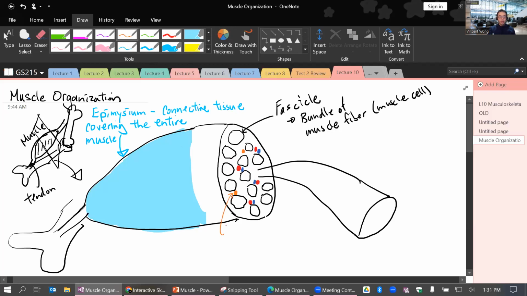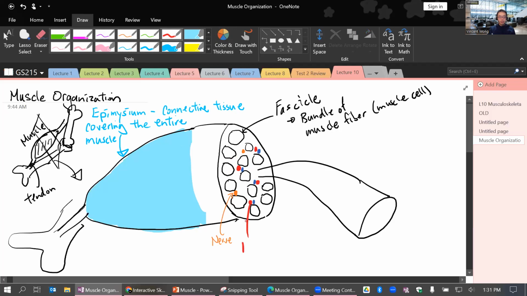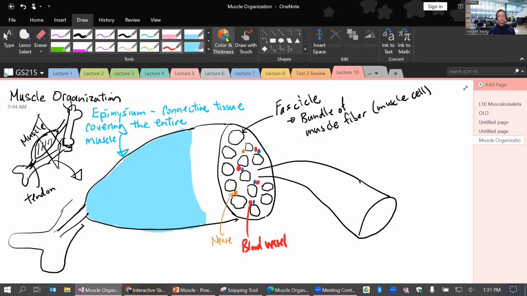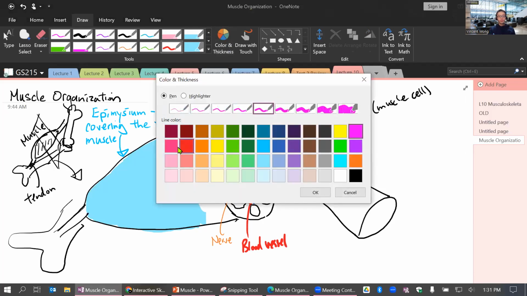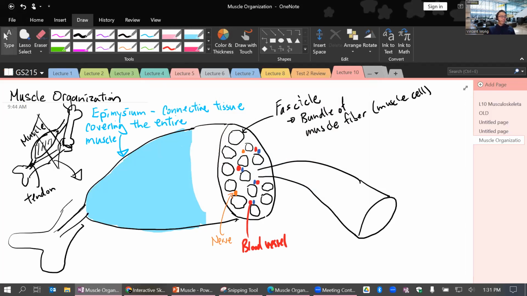So these orange things, those are the nerves. And then these here, that's the blood vessel. Sorry, I'll get out of the way in a second. Does anybody have any question before I go further? Anything that needs clarification?